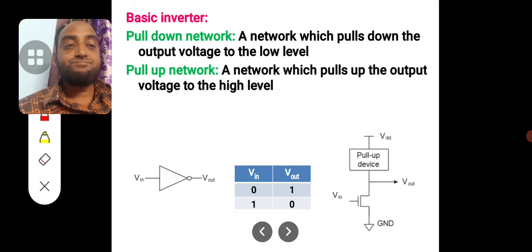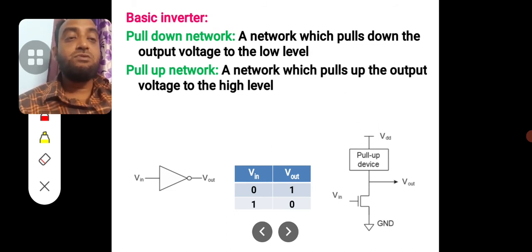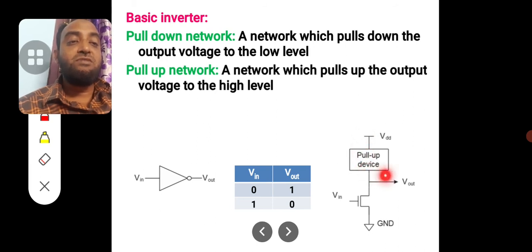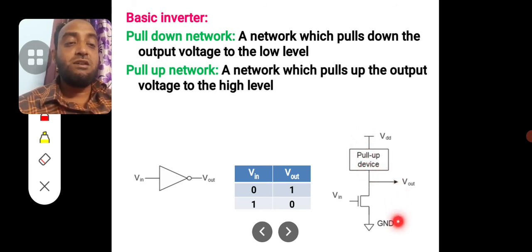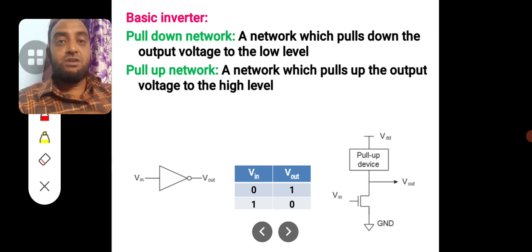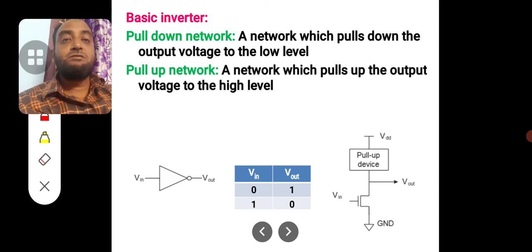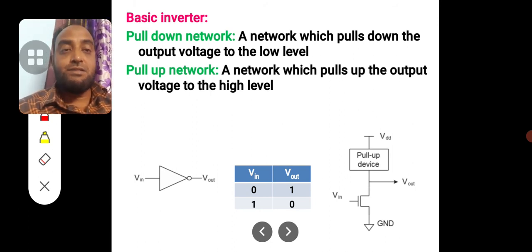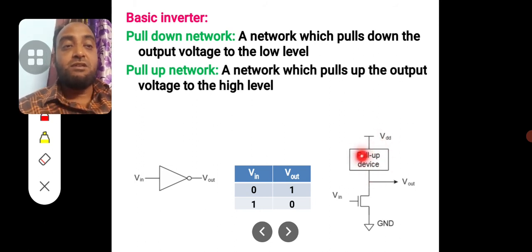The current which has flowed through the pull-up device and the load capacitor has made the output go from 0 to high. It has pulled up the voltage level. That is the reason why the drain circuit of the inverter is called the pull-up network.